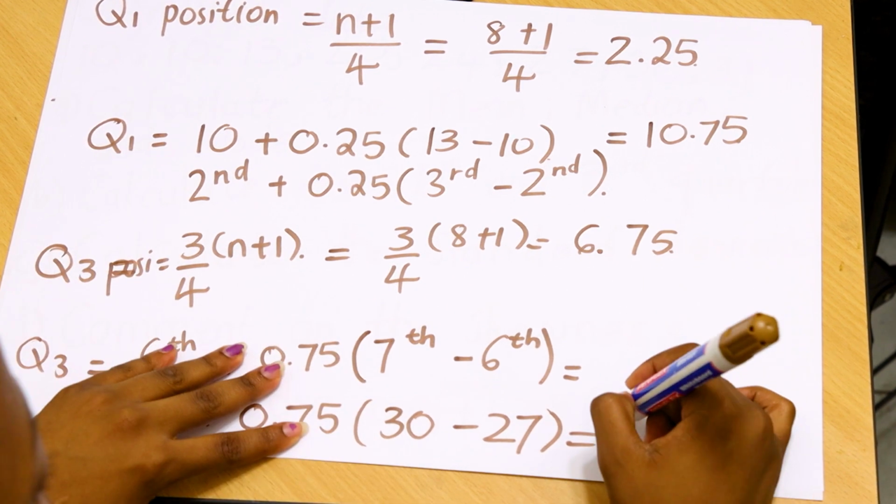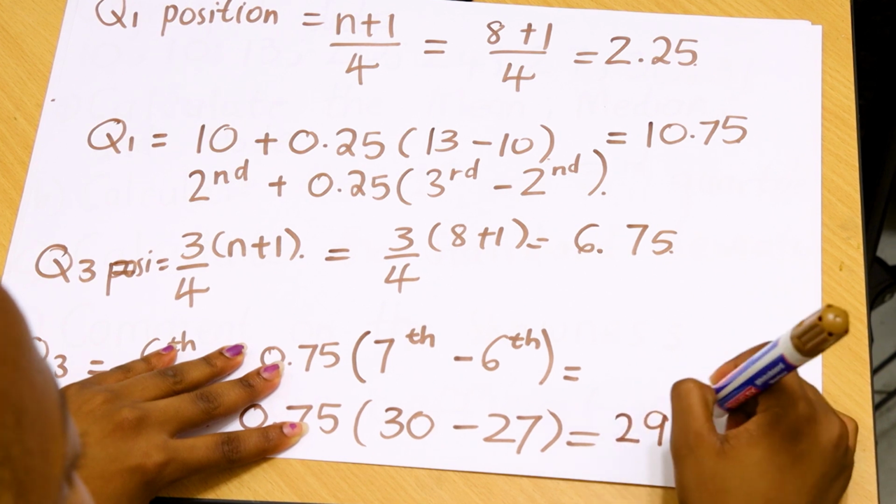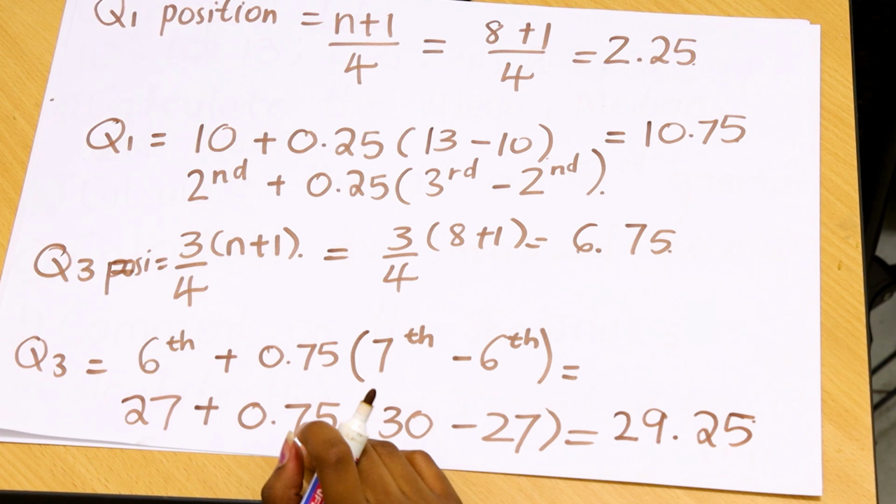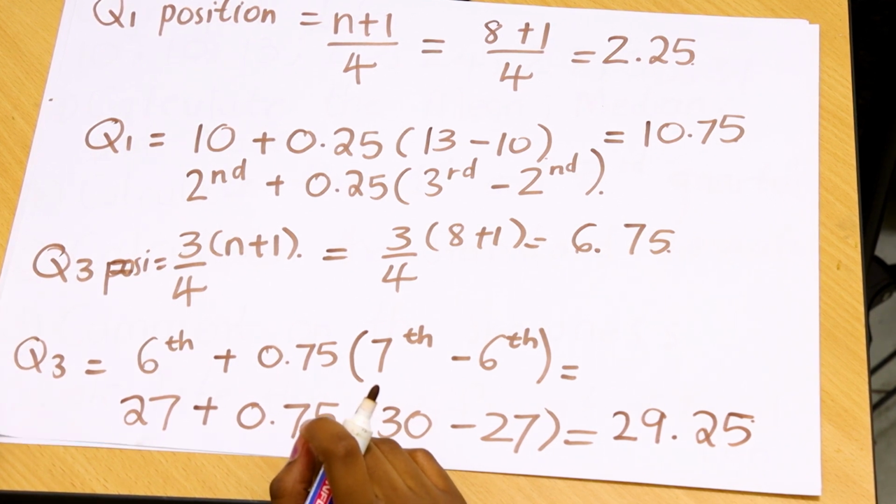And that would give us 29.25. So that is how you calculate your first and your third quartile.